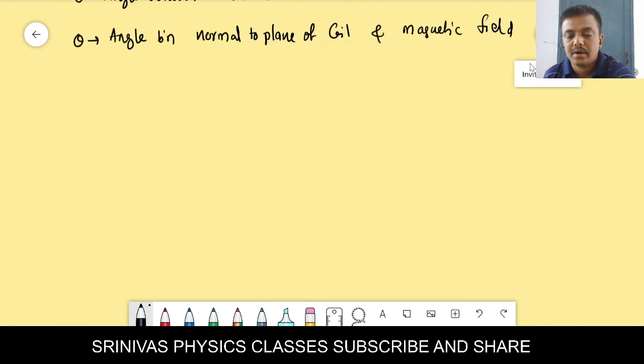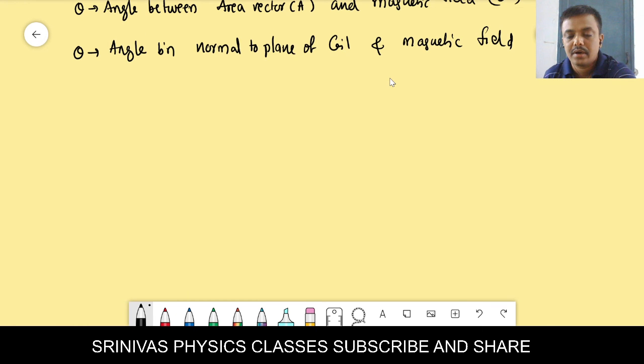Let us discuss the cases. Case 1: theta is 90 degree, or rather, if the plane of the coil is parallel to the magnetic field, then what is the angle?